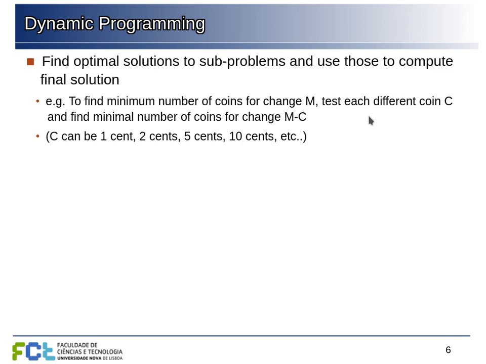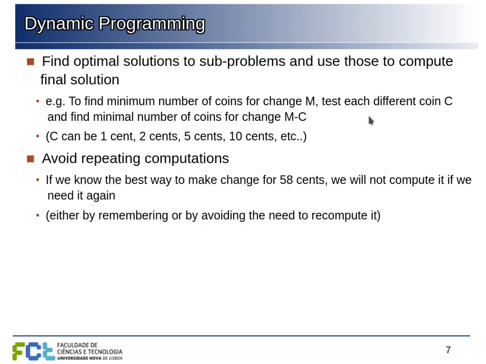This is the characteristic of having this optimal structure in the sub-problems. And we also need to avoid repeating the computations. So these are the two characteristics we want for the problems in order to solve them with dynamic programming.